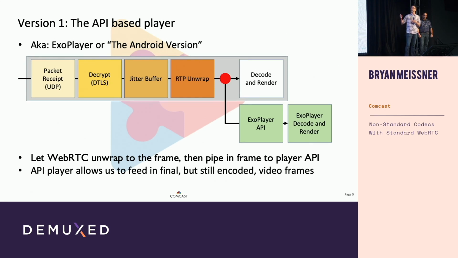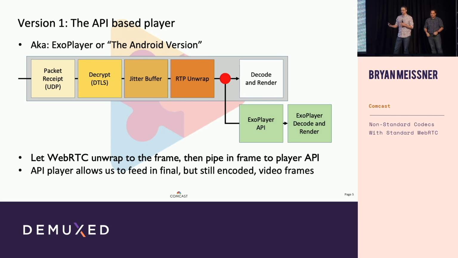So on Android, the first thing we did was identify a player, and we chose an API-based player, which is ExoPlayer. ExoPlayer was great. It was well supported and had hardware decode capabilities, so we let the WebRTC stack come all the way to the point where we're unwrapping the RTP.